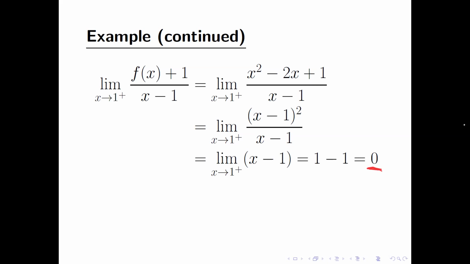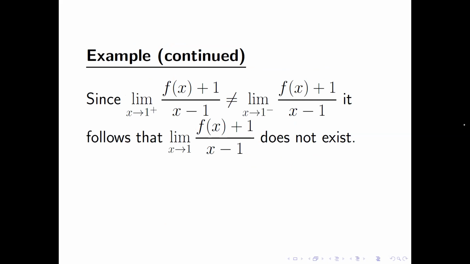So even in derivatives, from the left and the right we must get the same value. In such a way we may conclude that the derivative exists. But in this case, the derivative does not exist because on the left of 1, it gave us minus 2. On the right of 1, it gave us 0.